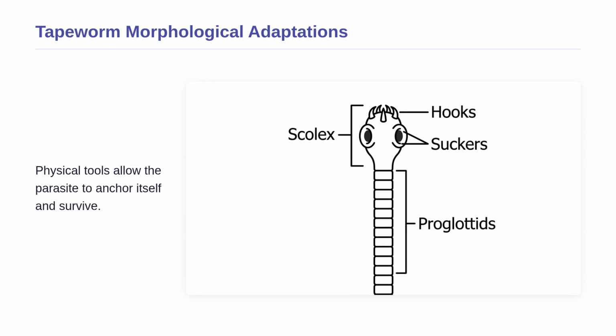These are morphological adaptations designed specifically to anchor the parasite firmly to the host's intestinal wall, preventing it from being flushed out by physical movement. Below the scolex, you see the long, flattened body made of repeating segments called proglottids. This flat shape is exactly what gives them that highly efficient surface area to volume ratio we just proved, allowing them to absorb nutrients directly through their skin.